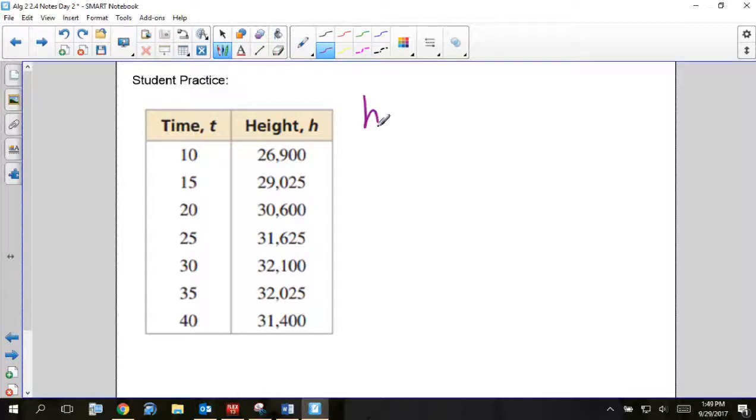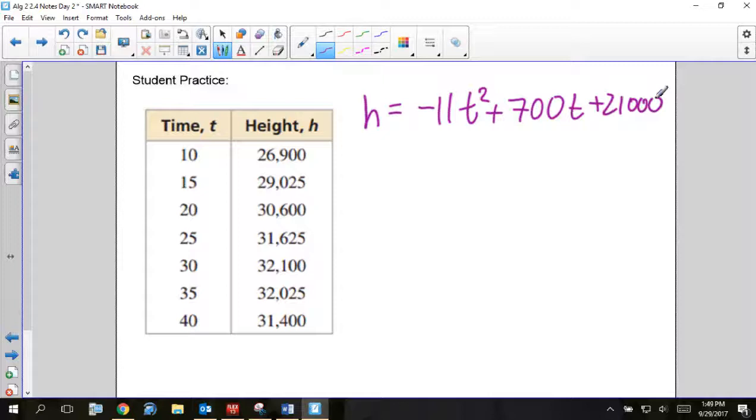I don't want you to use up all your checks and wonder what's going on because you used x instead of t. Make sure you're using the same variable they gave you. It should be negative 11 t squared plus 700 t plus 21,000 for the equation. And that's all you had to do for that one.